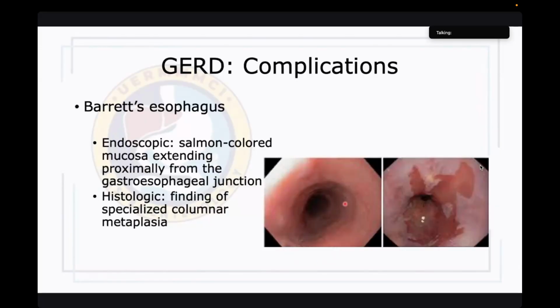On the left is a normal distal esophagus on endoscopy. But in Barrett's esophagus, you will see salmon-colored mucosa extending proximally from the gastroesophageal junction. And when this is seen on endoscopy, you suspect Barrett's, so you take tissue samples. The biopsy will then show you specialized columnar metaplasia instead of the normal squamous cells in the normal esophagus.